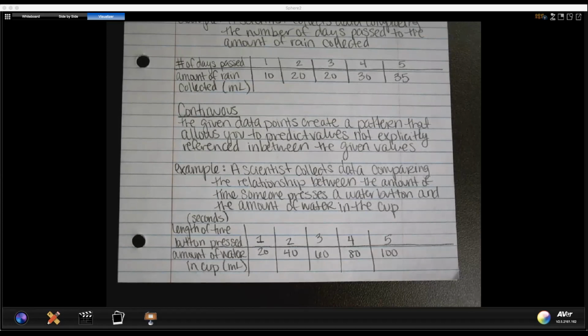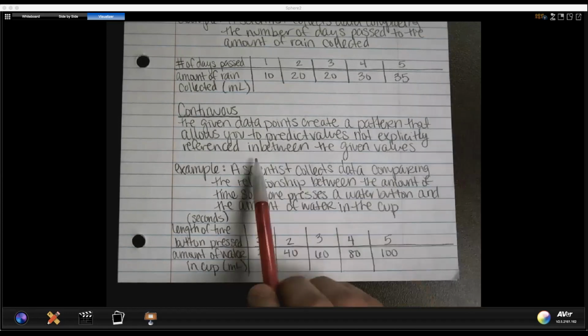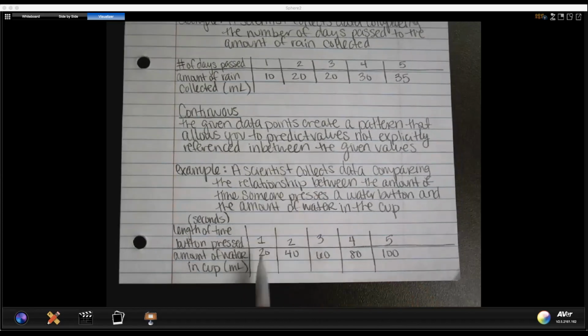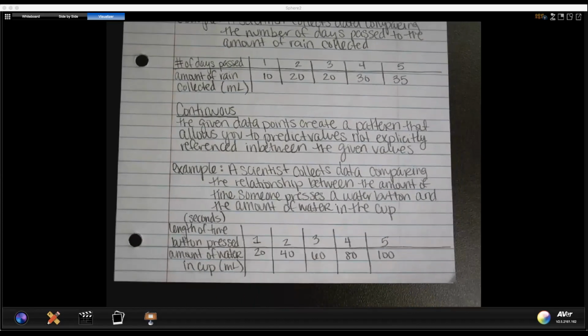What's the difference? I could predict what happens next. Could I also predict what happens in between what I have? Hence the phrase in between the data. Can I predict what happens between 1 second and 2 seconds? So could I say 1.5 seconds? I would be able to predict how much there is. Yeah, so could I fractionalize this data and find half of the data?